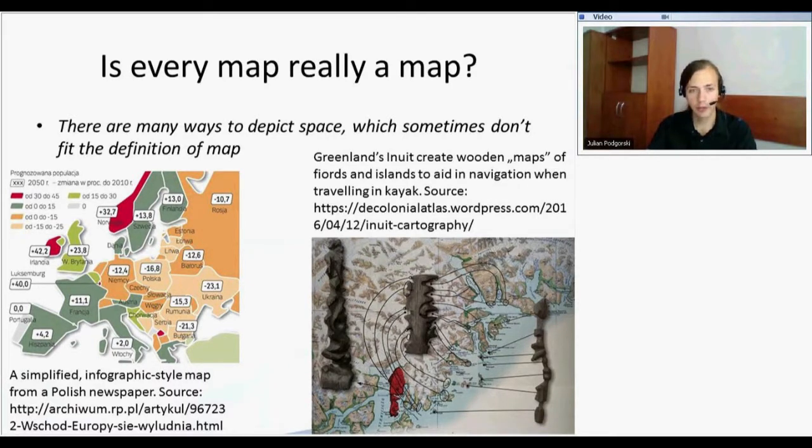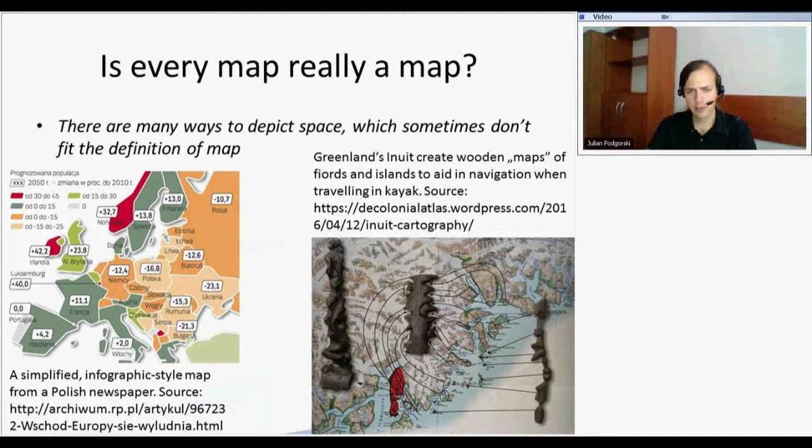If you look at this diagram, you can see in the middle, this piece of wood, that each of those incisions and protrusions of wood represent bays and peninsulas along Greenland's coast. So the Inuit people figured out that they can take a piece of wood and carve the shape of the coastline into it, and this way use it at sea to compare what they see with this carving.